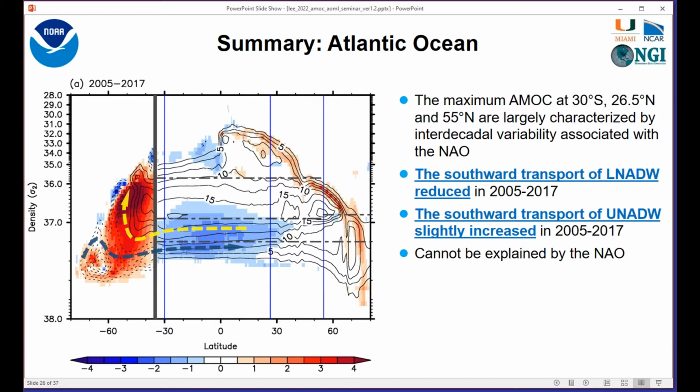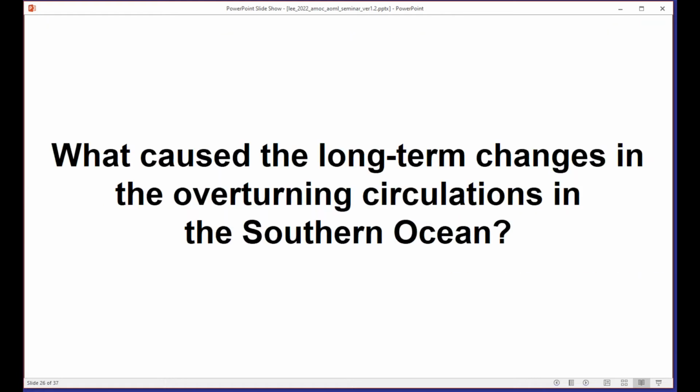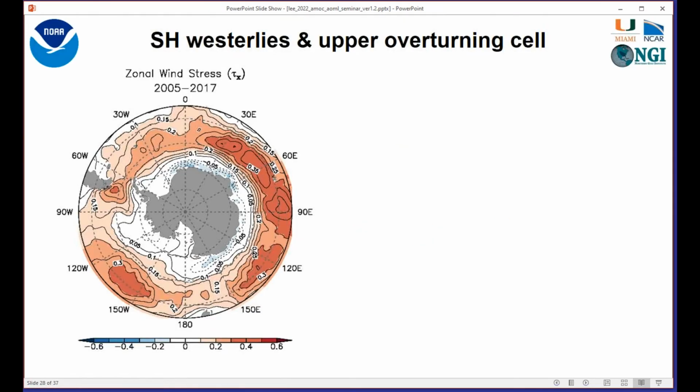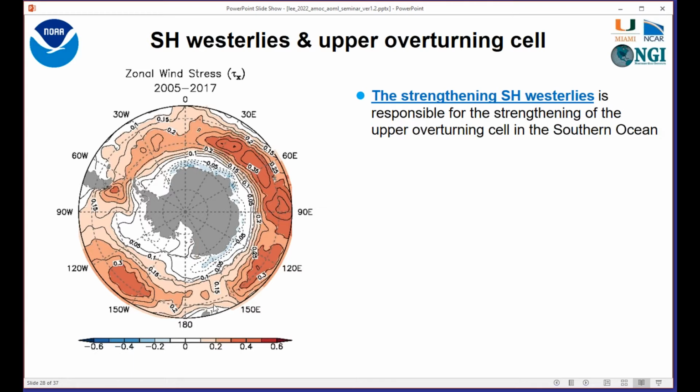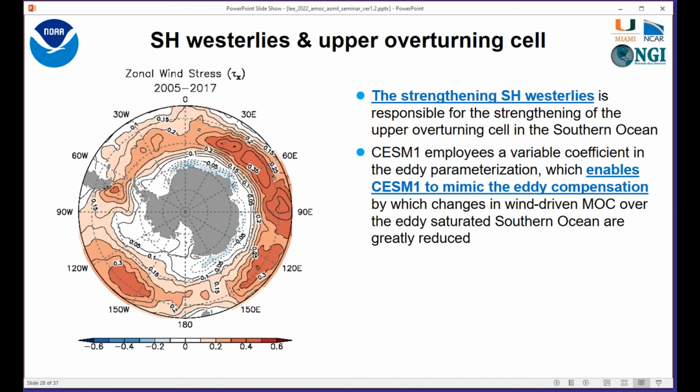That's one last question that we want to explore. And here is one hypothesis. Here is what I think. It's a hypothesis, of course. You see that at 30 degrees south, you see this bottom, the lower North Atlantic deep water is a source of the lower circumpolar deep water. So this is reduction, and this reduction matches pretty well.